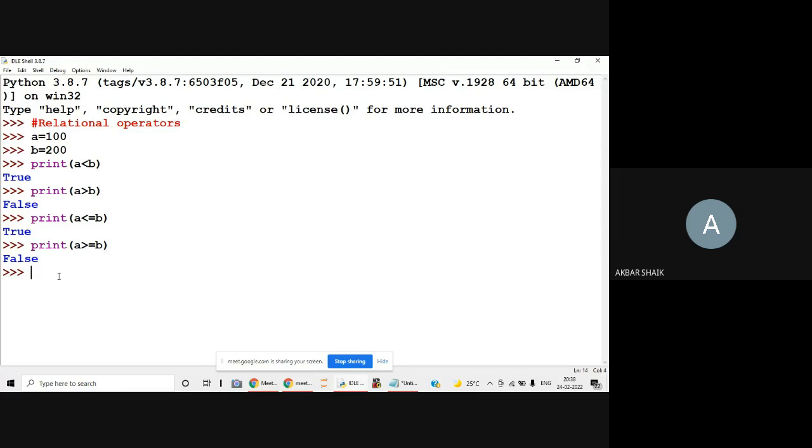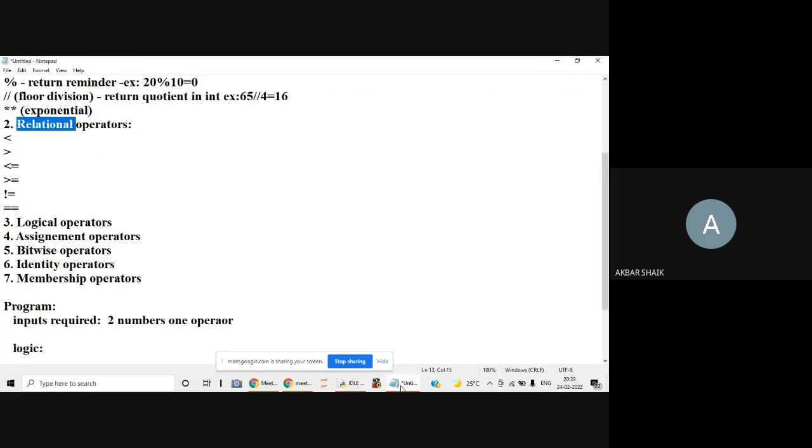Next, if I write A double equals to B, then it is going to return false. And if I write A not equals to B, then it is going to return true. So these all are relational operators: less than, greater than, less than or equals to, greater than or equals to, double equals to, not equals to.